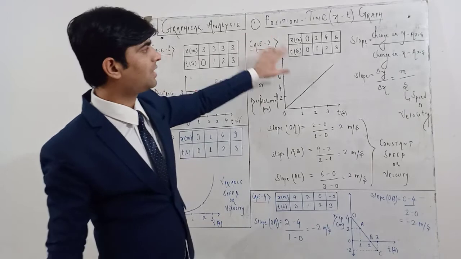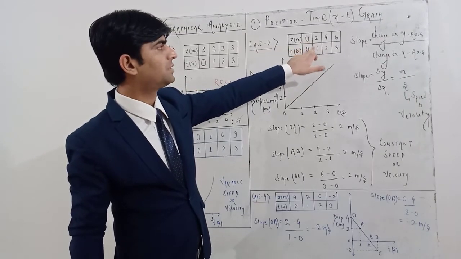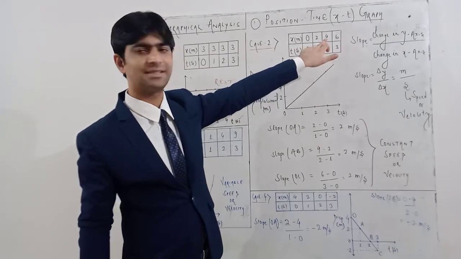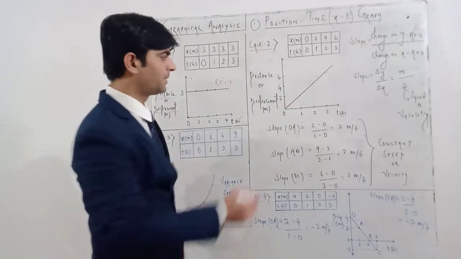If you plot this graph, at 0 it is 0, at 1 second x is 2 meters, at 2 seconds x is 4 meters, at 3 seconds x is 6 meters. So if you plot this graphically, you will get a straight line.